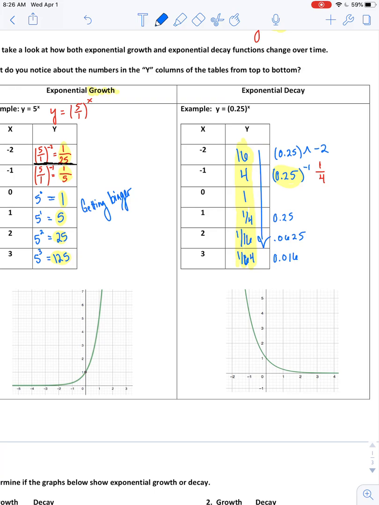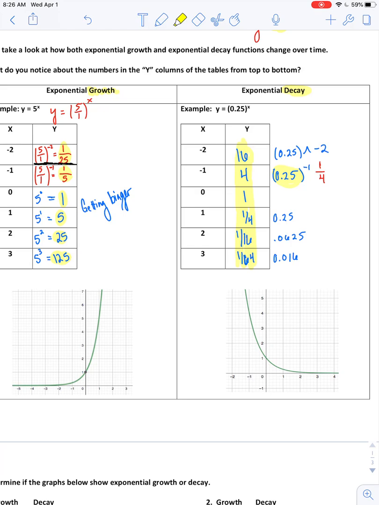But we're going to focus on this column here, the y column. And we're going to see how are these numbers changing as I go down the column. Well, I go from 16 to 4 to 1 to 1/4 to 1/16. I'm not subtracting the same thing every time. Here I'd subtract 12 and then 3 and then 3/4. So it's not linear.